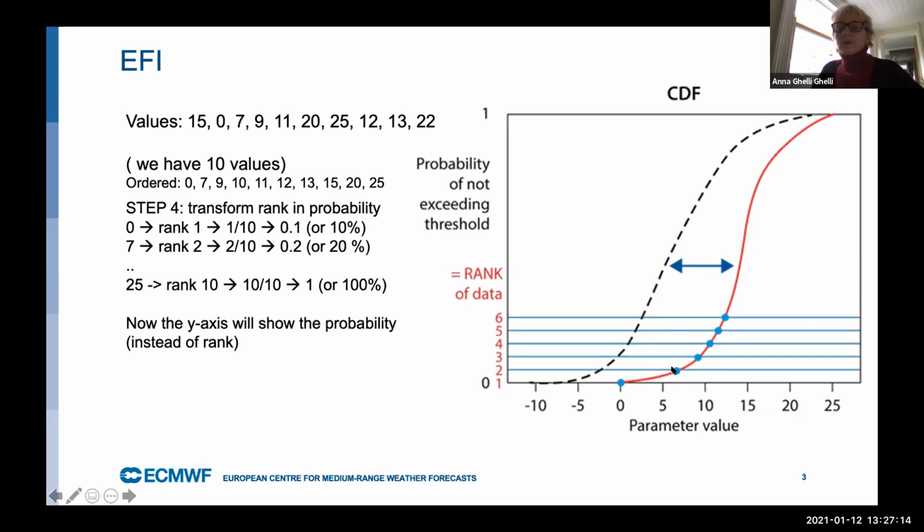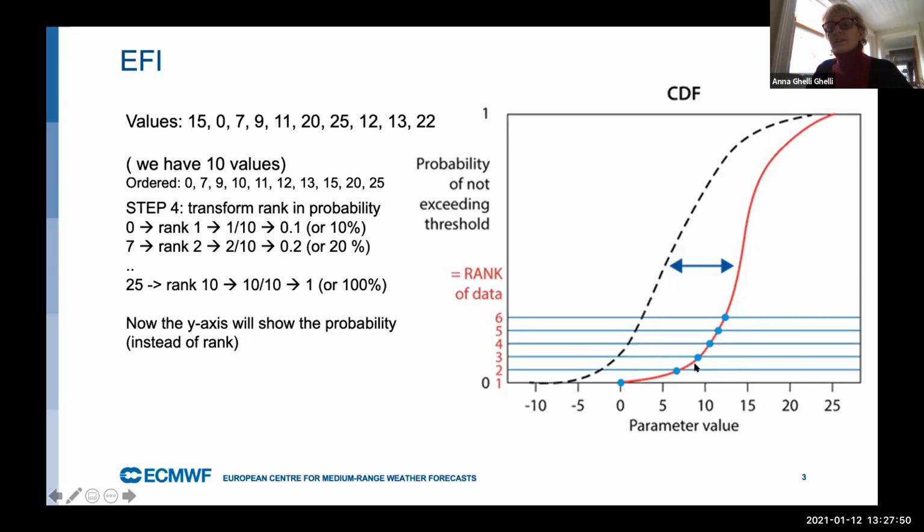If we go on, this is rank 6, so it would be 60%. And what value is this? Probably 13. So for this specific value, we have 60% probability of being below the value of 13, or 40% probability of exceeding the value of 13, which is that part.